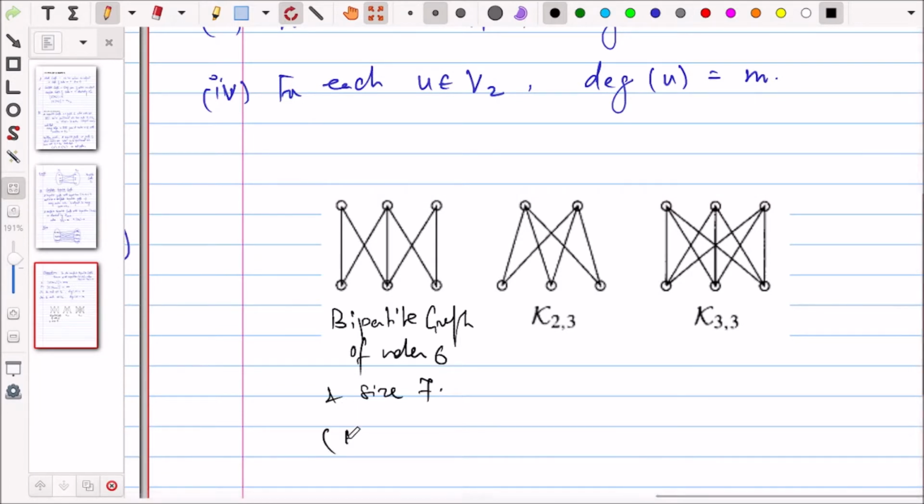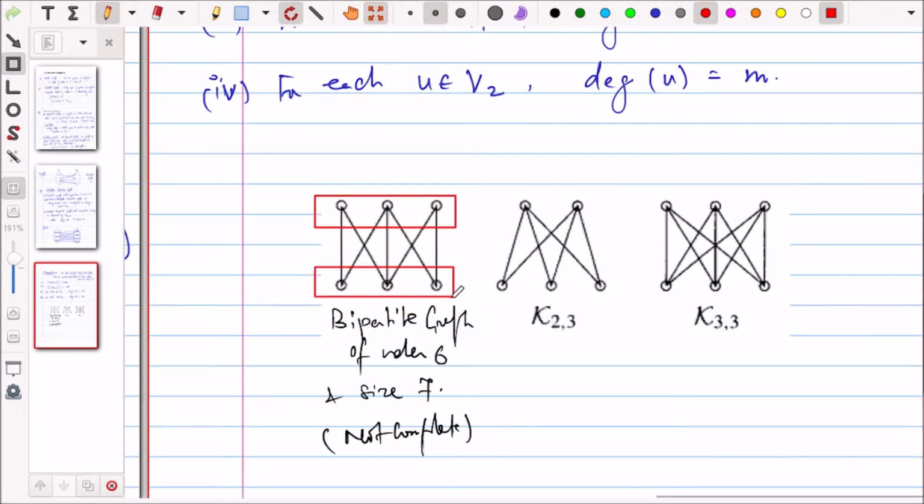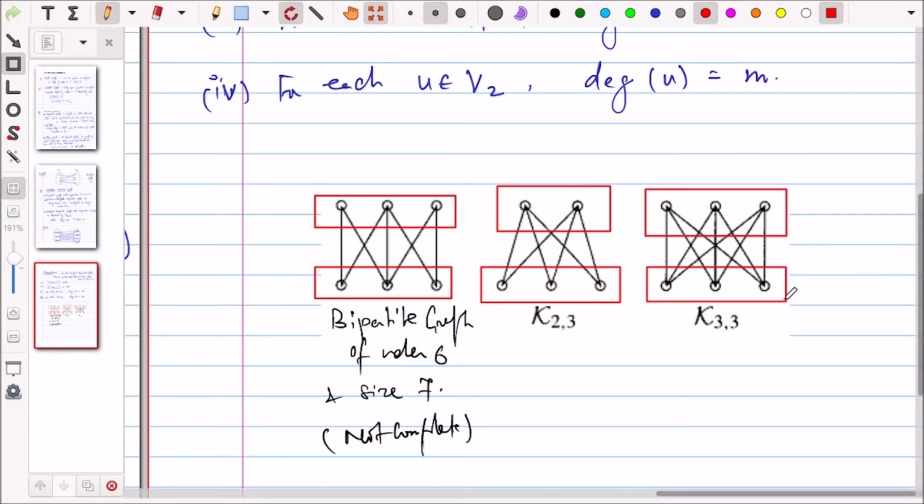Not complete. So this one is not complete और बाकी दोनों complete bipartite graphs हैं. So यहाँ पे जो तुम्हारा bipartition है वो ये वाला ले रहे हैं, दो bipartition. ठीक है. So this is one bipartition, this is another bipartition. Is it fine? So all these are bipartite graphs.